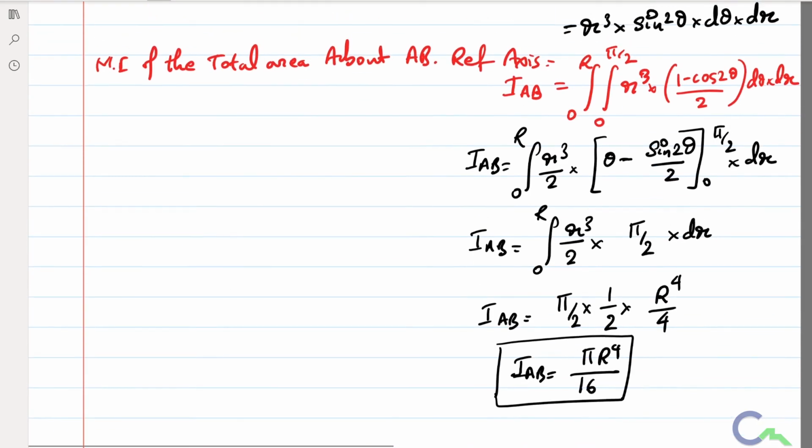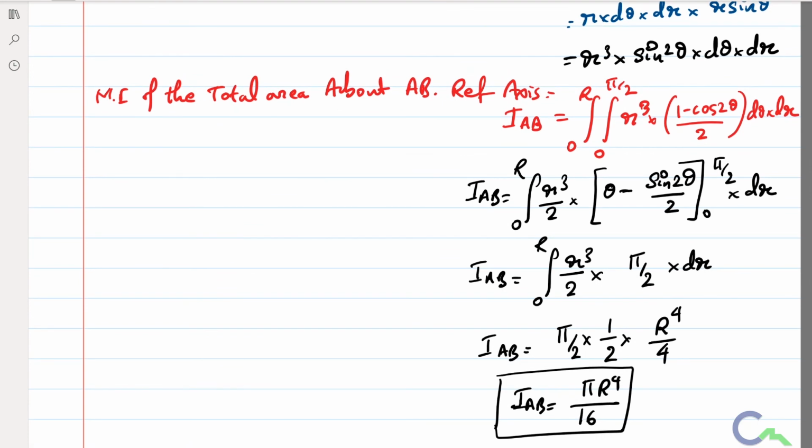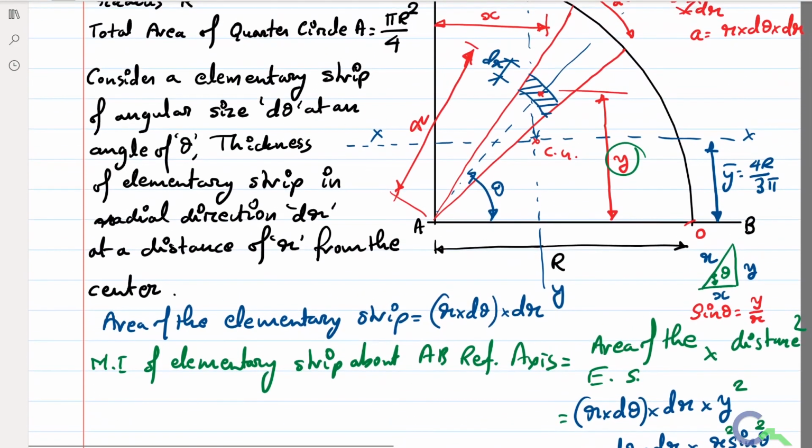It is the moment of inertia about the AB reference axis. But my intention is to find it about the XX axis, that is the centroidal axis.